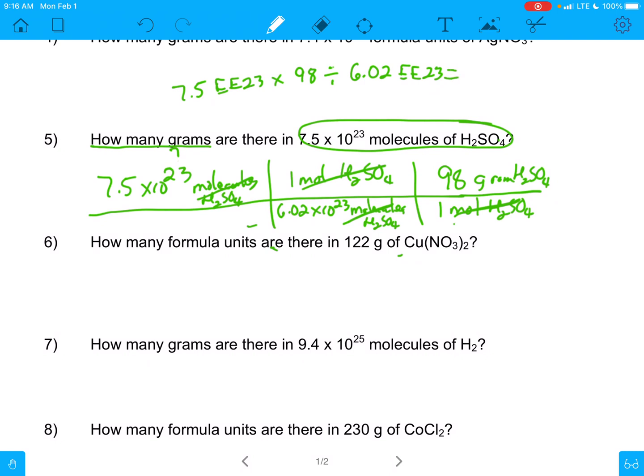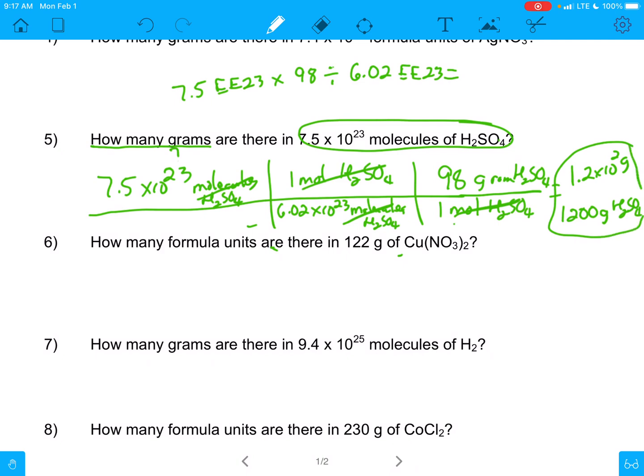And that is going to be 1.2 times 10 to the second grams, or you could say 1200 grams H2SO4. Okay, so either one of those would work just fine.